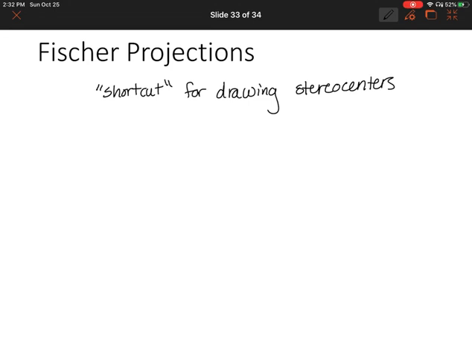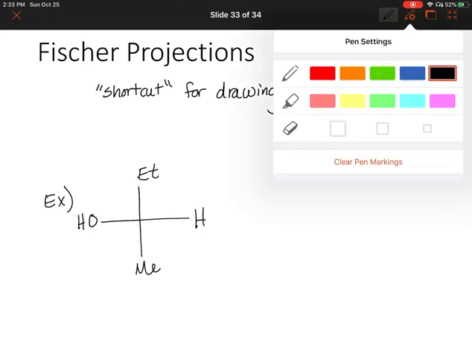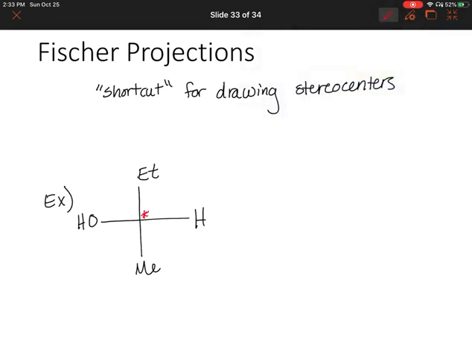So in a Fischer projection, we have something that might look like this, for instance. Just looks like two lines crossing each other with different substituents attached, and your stereocenter is in the middle. So that is some sort of carbon there, let's say.